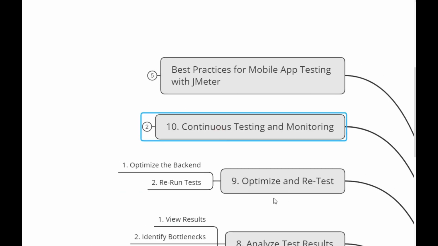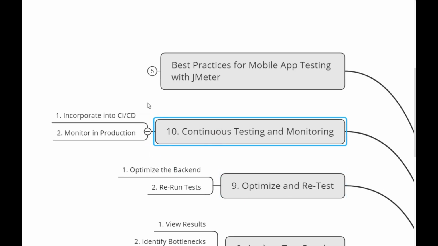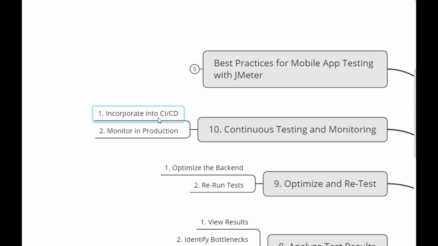Also keep in mind that we need to take into account the continuous testing and monitoring. We need to incorporate the JMeter tests into a CI/CD pipeline, and we need to monitor the performance test results in production.